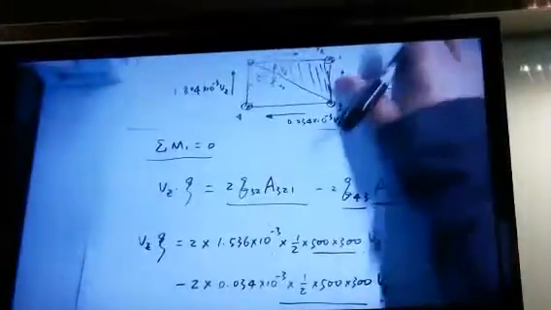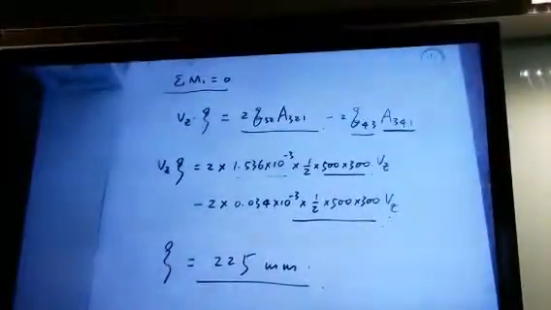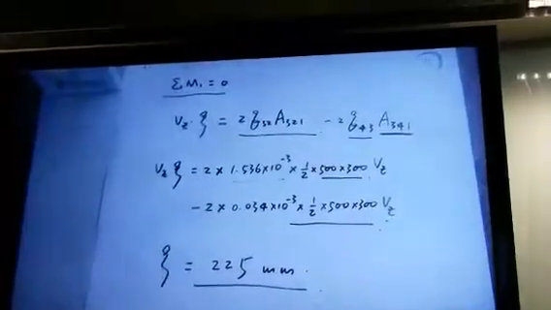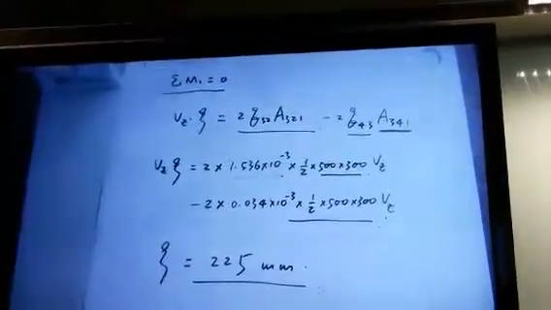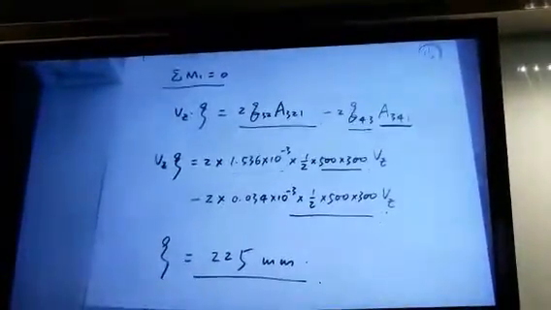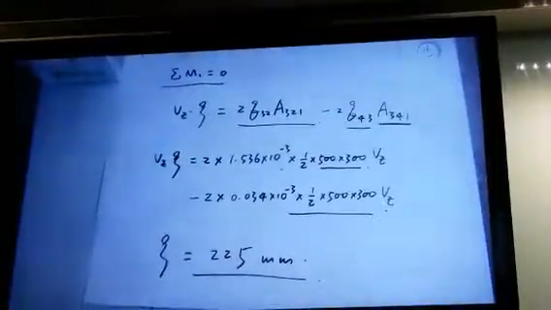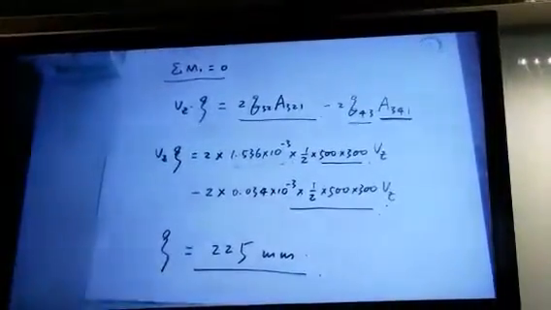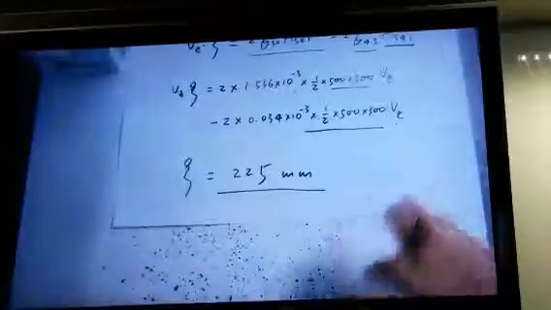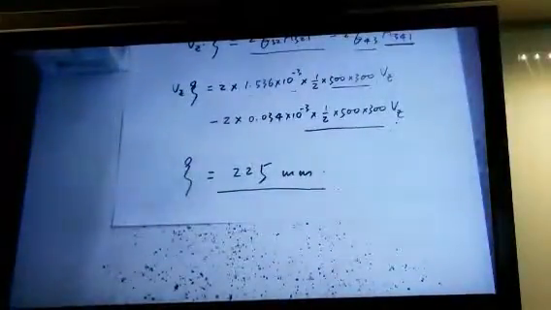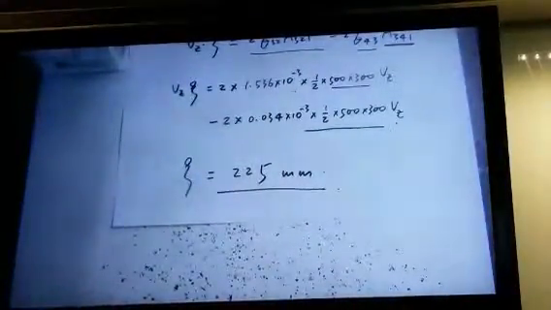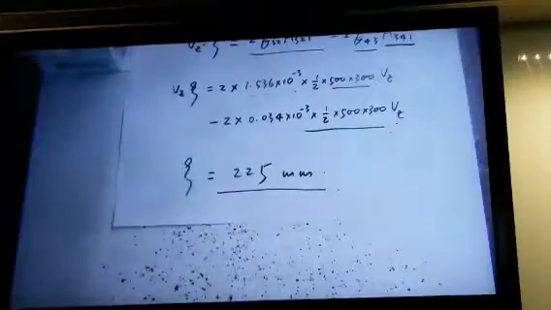It's not at the center of the rectangular area because this area is not symmetric about the z-axis. This two-boom area is larger than the two-boom area on the right. That is why the shear center is a little shifted to the right. Okay, so this is the location of the shear center for this very simple closed section beam.